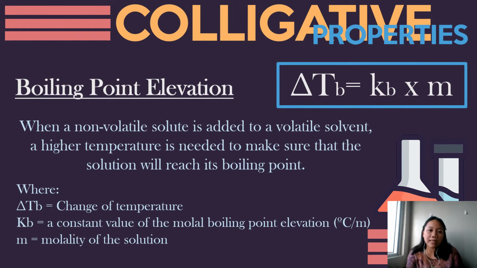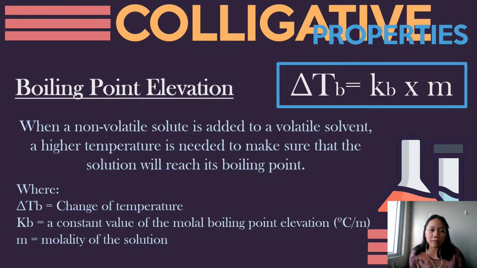So, your formula is change of your T sub B, which is actually the change of temperature. Ang makukuha lang natin ay change of temperature. So, mamaya kung ngayon tatanong sa inyo ay what is the new boiling point? So, of course, may kasunod pa tayong solution na gagawin after solving for your delta T sub B.